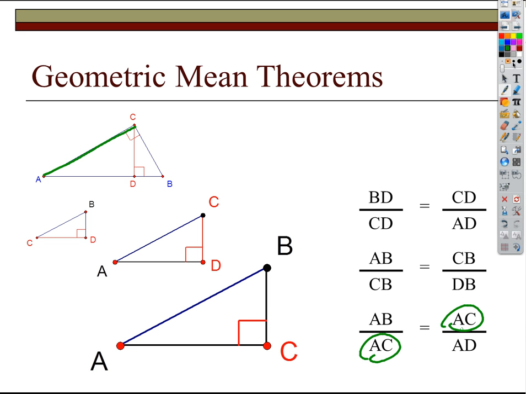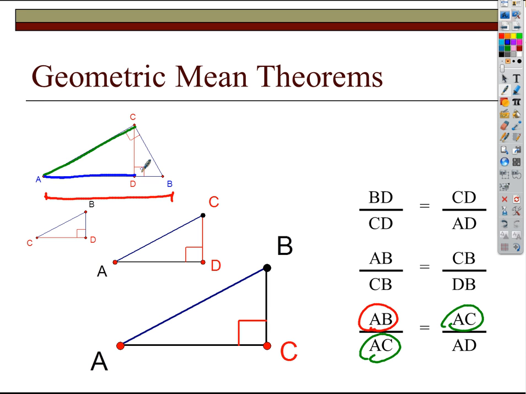The whole hypotenuse, AB, and the piece of the hypotenuse next to the leg. When I say piece of the hypotenuse, everybody gets what I mean, right? Remember, the hypotenuse in the big right triangle is the one that's been cut by the altitude into two pieces.